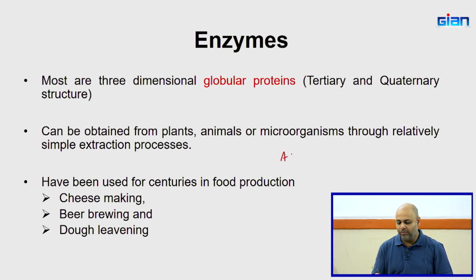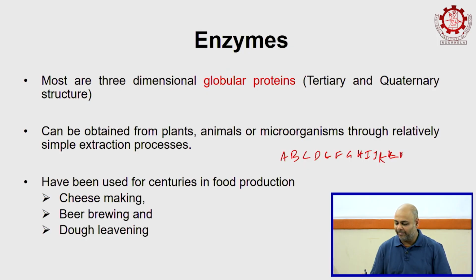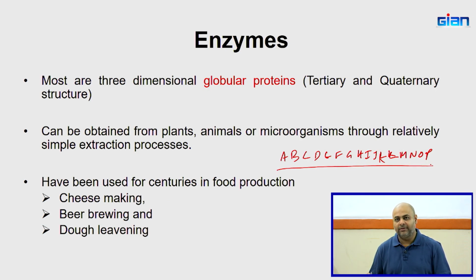So, you have amino acid 1, 2, 3, 4, 5, 6, 7, 8, 9, 10, 11, 12, 13, 14, 15, 16. Now, 16 amino acids, if they are arranged in a sequence, this becomes your primary structure, right?